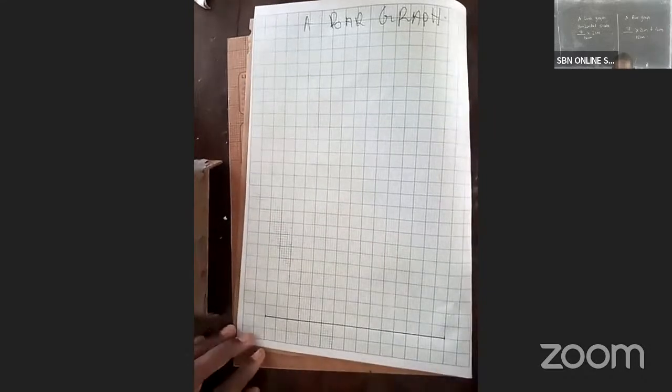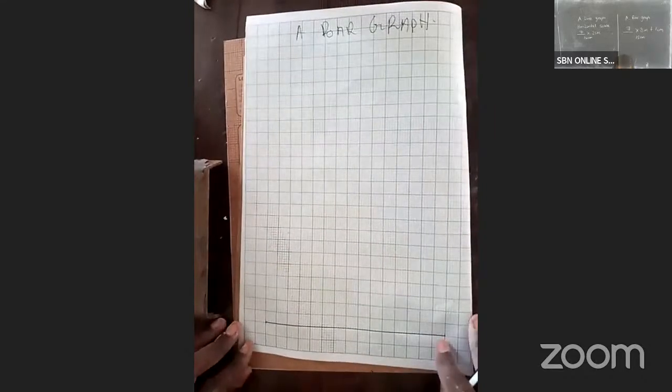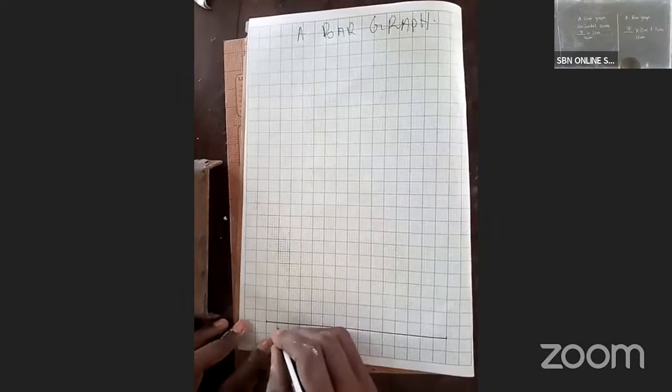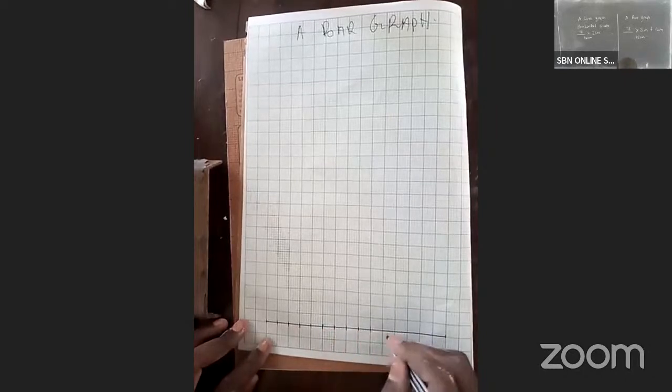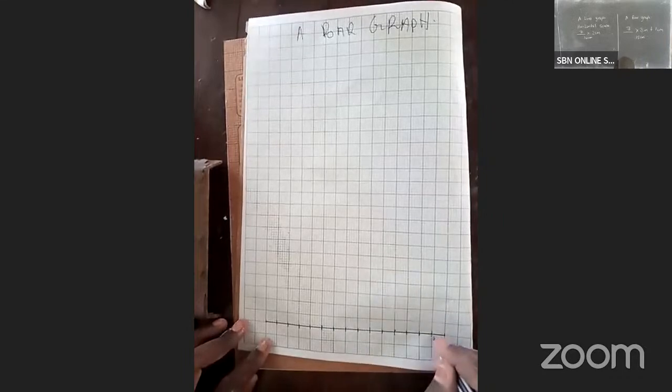Now for this one, we are not going to take 2 centimeters. We are going to take 1, 1. So I'll mark here, here, here. Are you seeing the difference? For the line graph, we take 2 centimeters. For the bar graph, we take 1, 1. We are going to see why we are taking 1, 1.